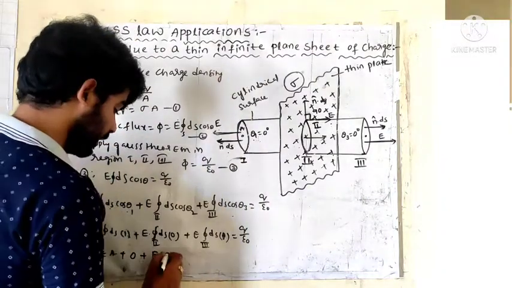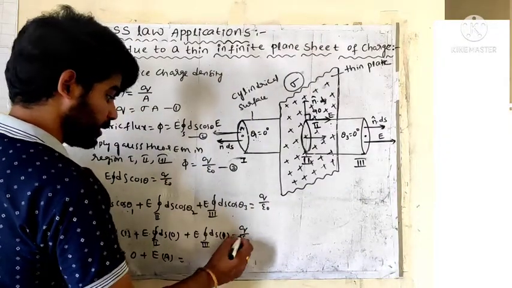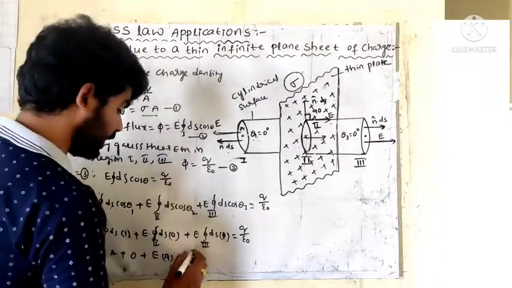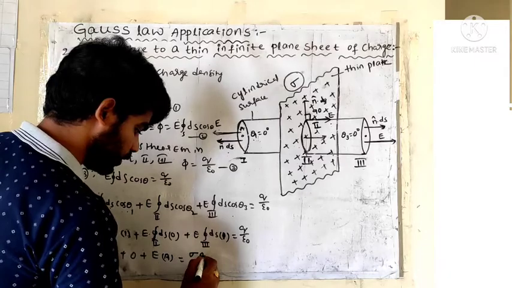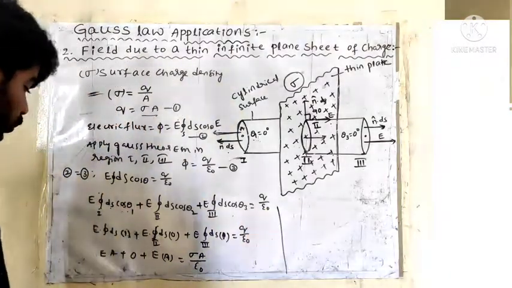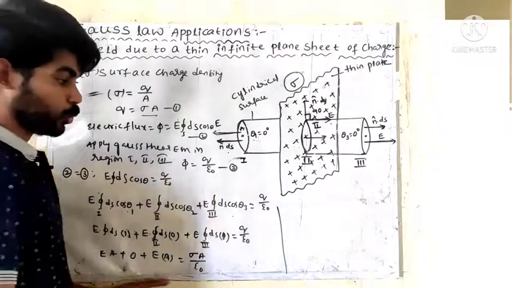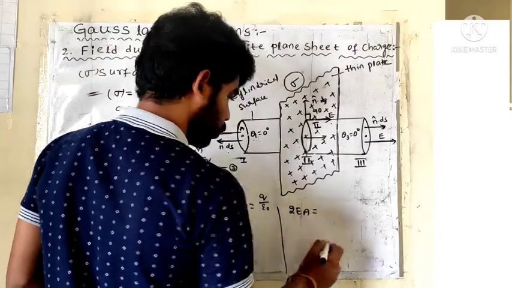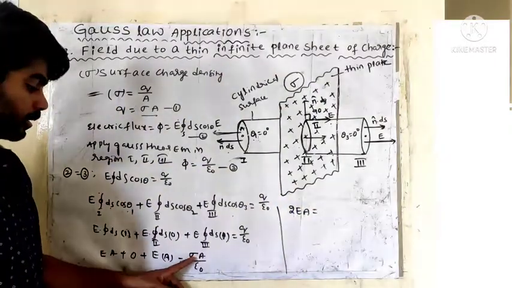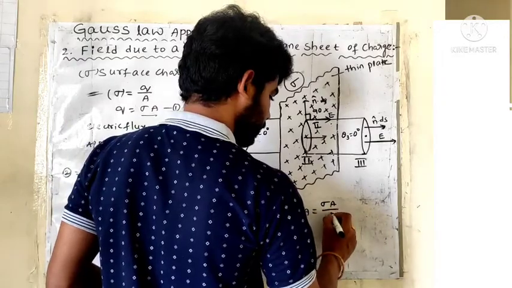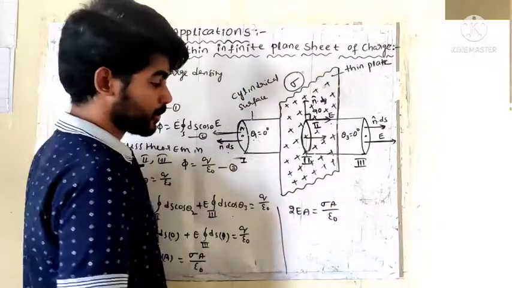The total area of that curved surface, and q from equation 1 is sigma a, so q is equal to sigma a by epsilon naught. So EA plus EA, 2EA, is equal to how much? Sigma a by epsilon naught.